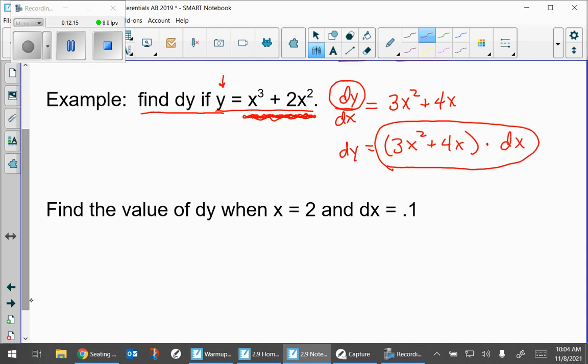Now you're asked to find the value of dy if x is 2 and the small change in x is 0.1. Can you just put these values into this thing up here? Do it. You figure out what dy is. Using your calculator, figure out what dy is.